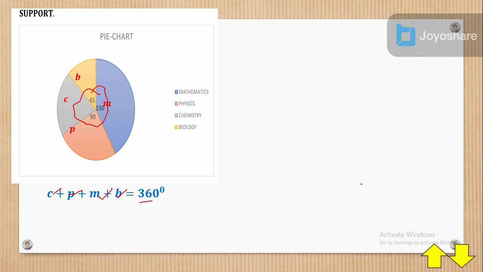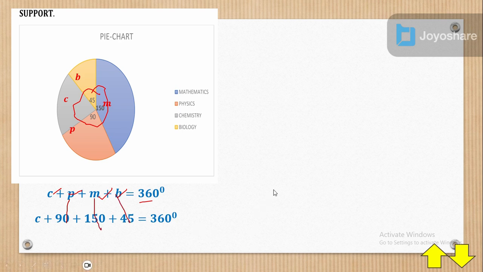Of course, let's plug in the values. Physics is 90, math is 150, biology is 45 from the above.